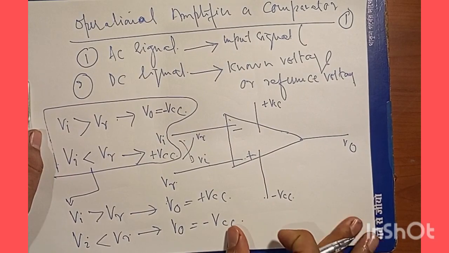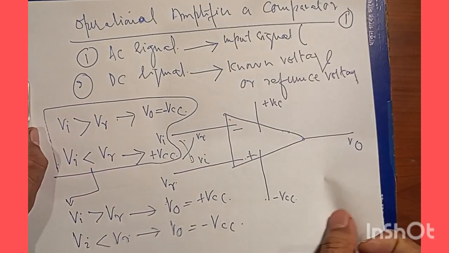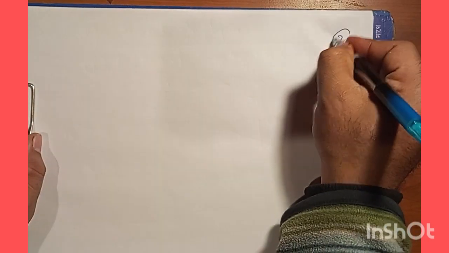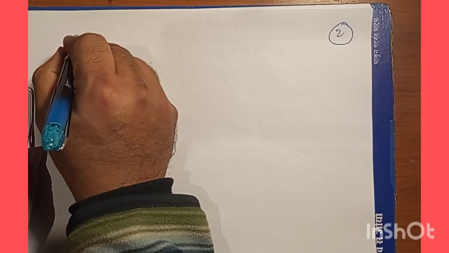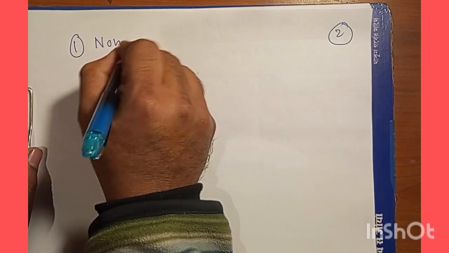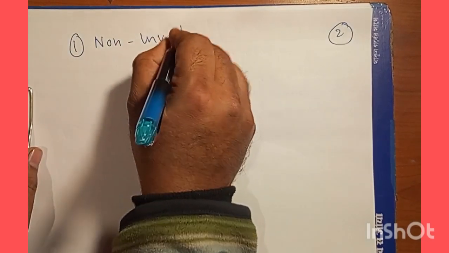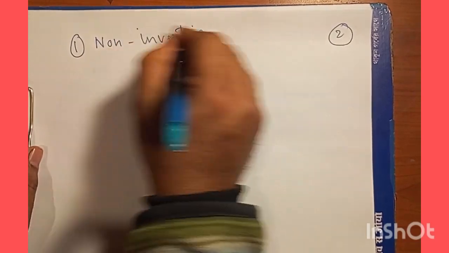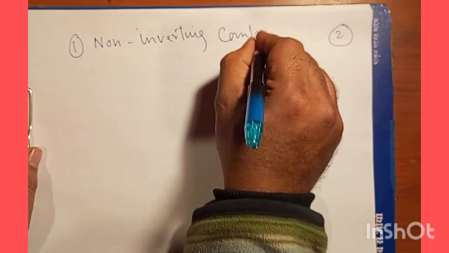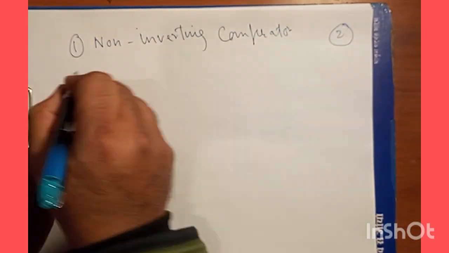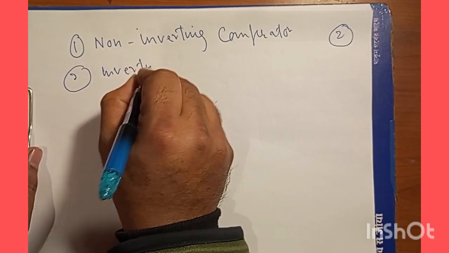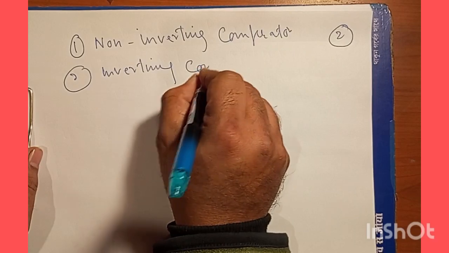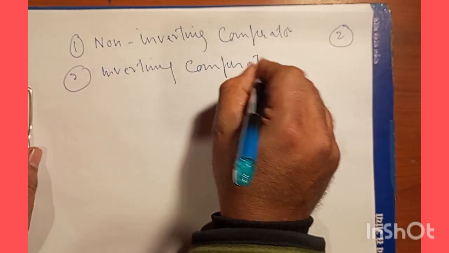One is the non-inverting comparator, and second is the inverting comparator.